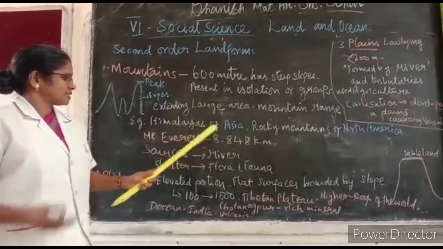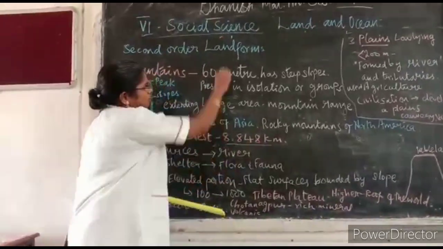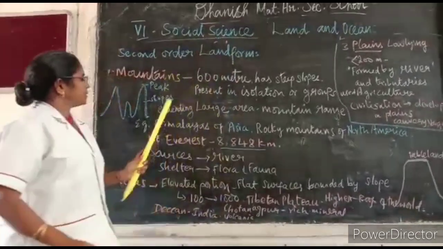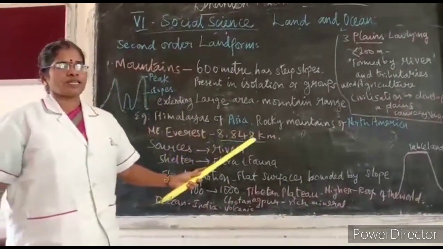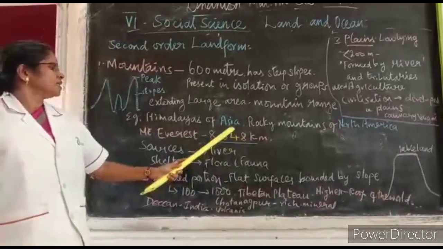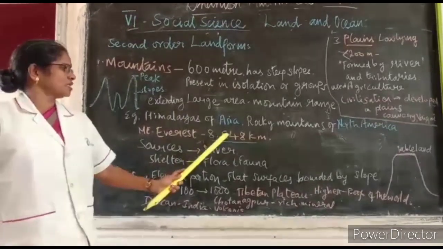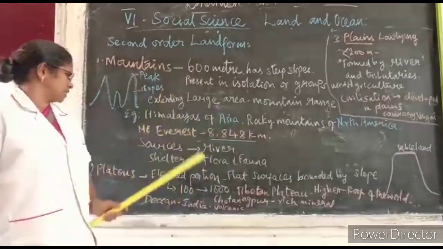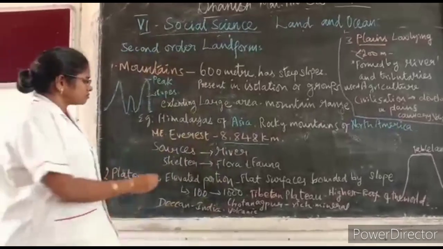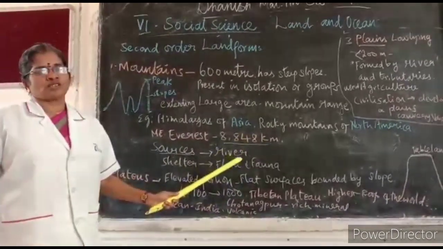Its height from the ground level is 8,848 kilometers. So the highest peak in the world is Mount Everest, with a height of 8,848 kilometers.